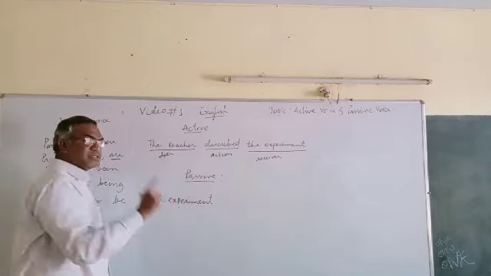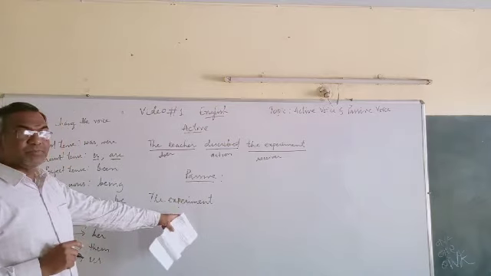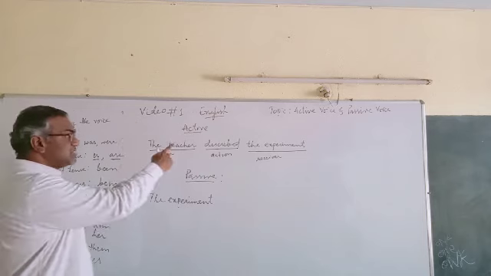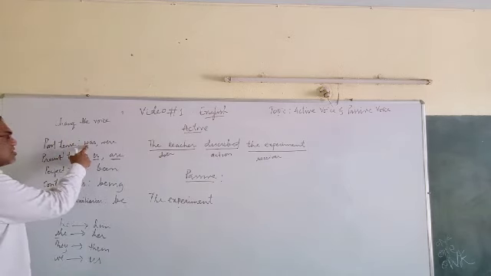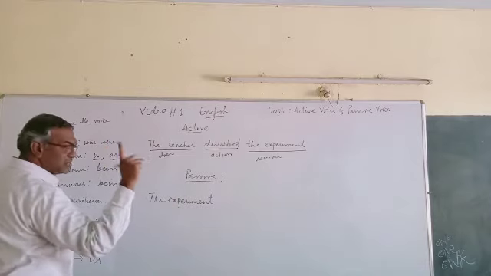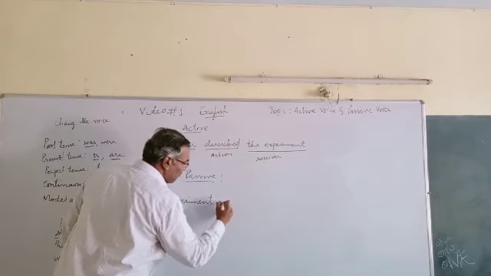Because the given sentence is in the past tense, either was or were is used. Here, the experiment is a singular subject, therefore the singular verb was will be used.